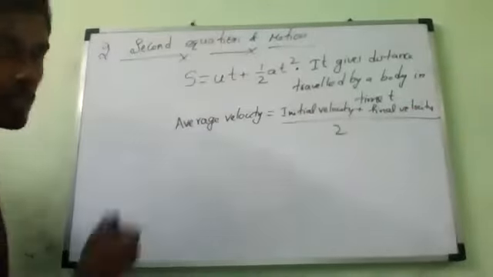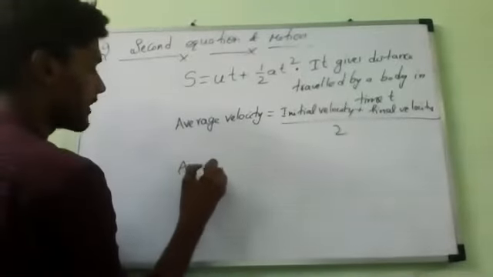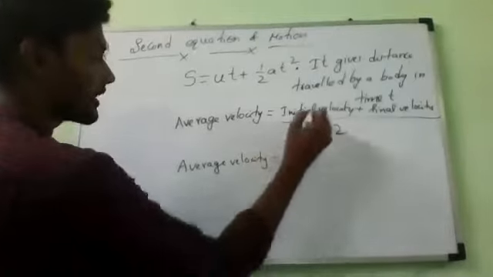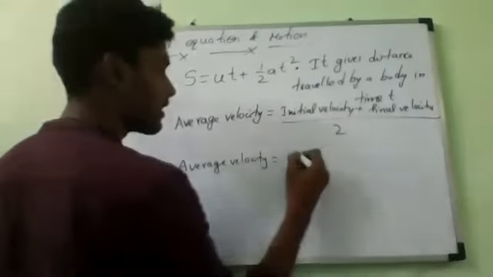Now modify it with the symbols. Average velocity is equal to U plus V divided by 2. Till here, any doubt?